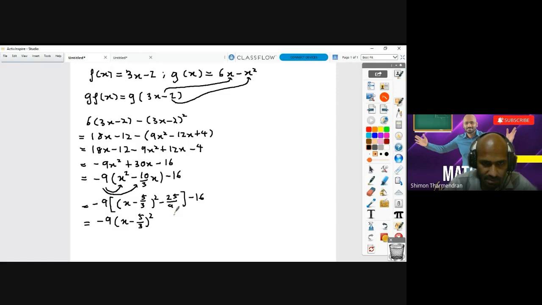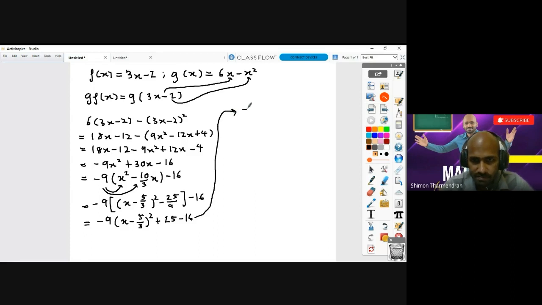And then minus and minus gives plus. 9 times 25 over 9, the 9s cancel, giving me just 25 minus 16. 25 minus 16 is 9. There you go, guys and girls. This is what we are looking for.